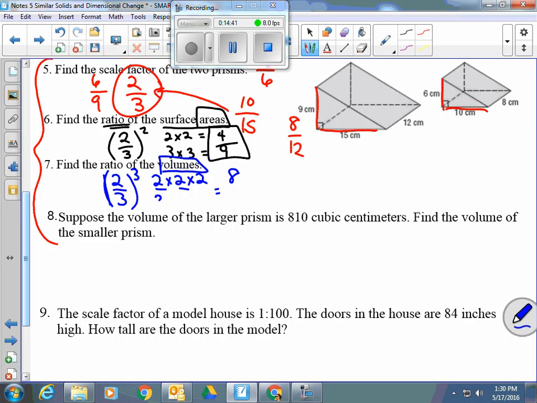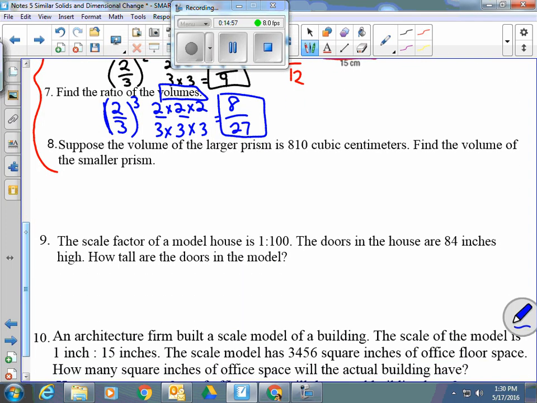And then down on the bottom, 3 times 3 is 9 times 3 is 27. So my new ratio for volume would be 8 over 27.